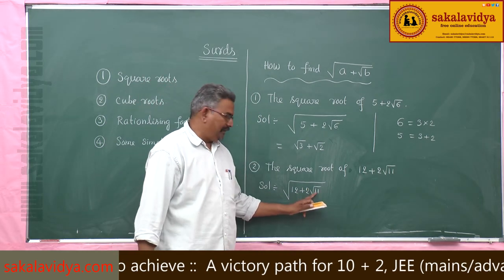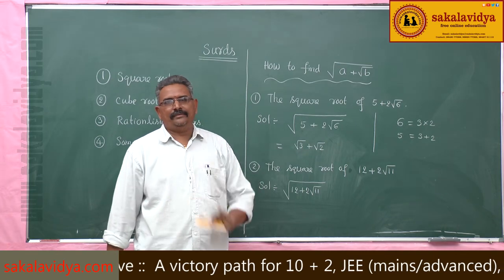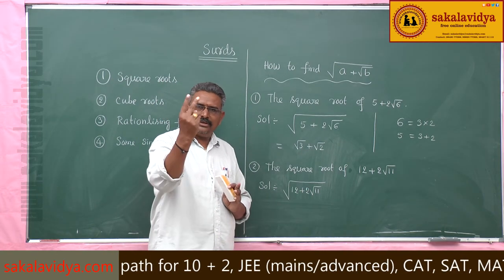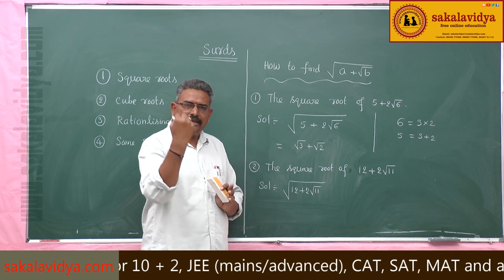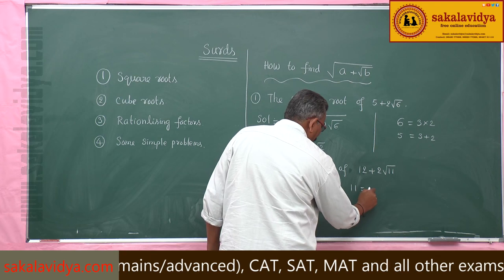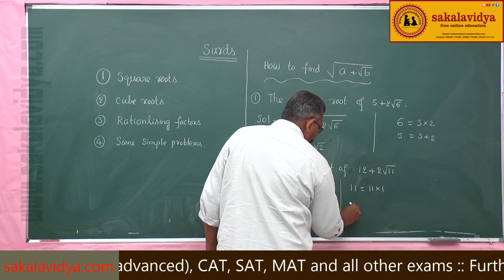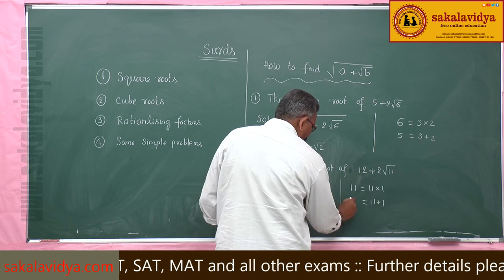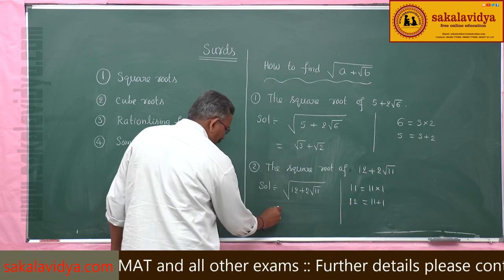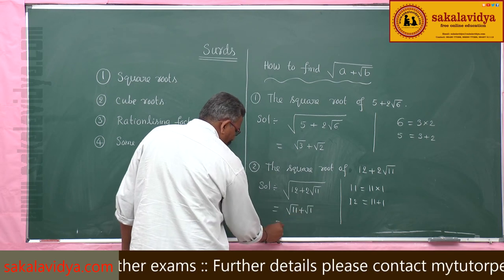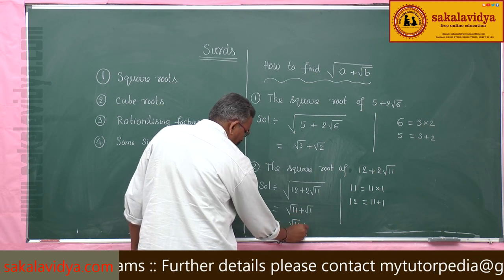Now 11 is a prime number. Do you know the factors of the prime number 11? We have only two, one is 1, the other one is 11. So, 11 can be written as 11 into 1. 11 plus 1, let us try, that is 12. Now we know the answer here: root 11 plus root 1. Root 1 is 1. So, root 11 plus 1.